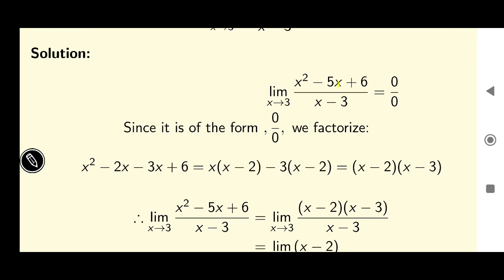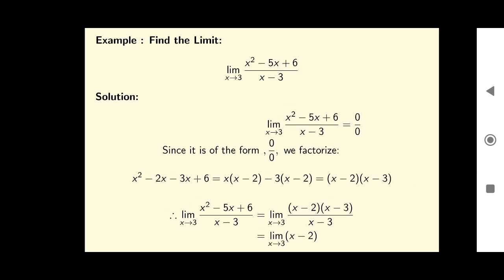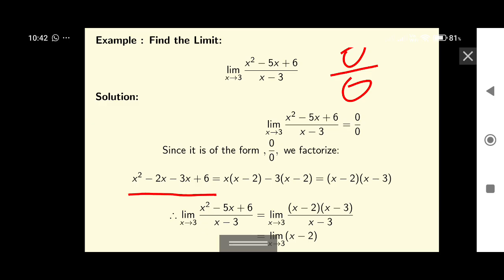Again, in this case, you just see this example. If you put x is equal to 3, you will get 0 divided by 0. So direct substitution is not possible. So we factorize this x square minus 5x plus 6, which can be written as x square minus 2x minus 3x plus 6.